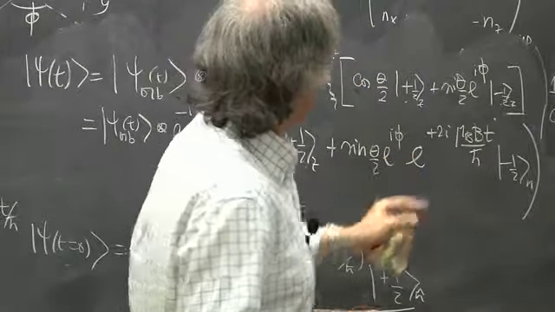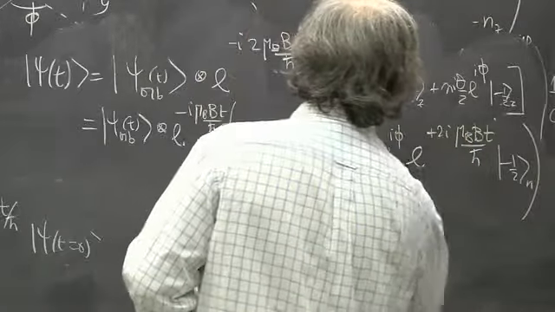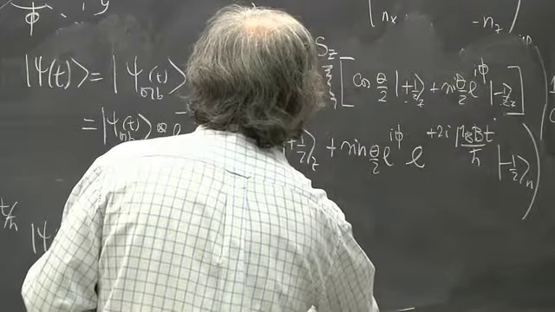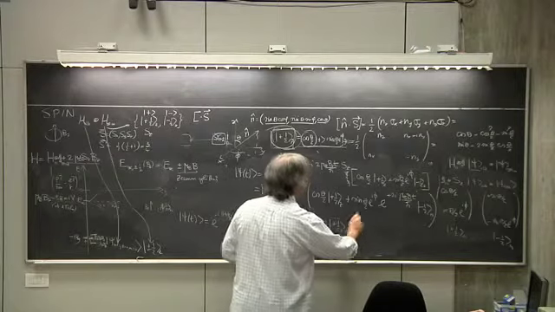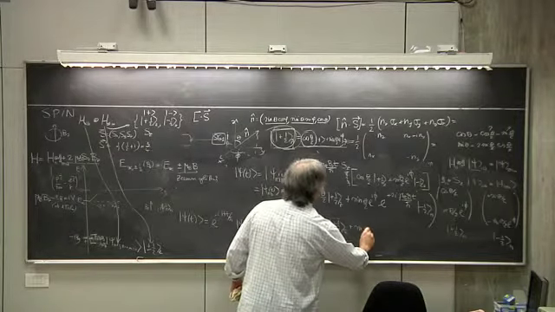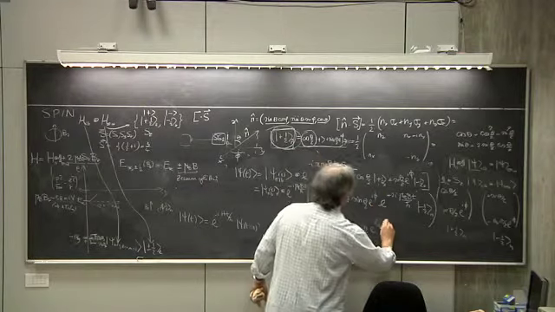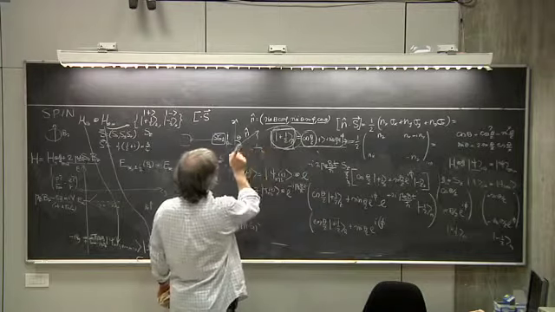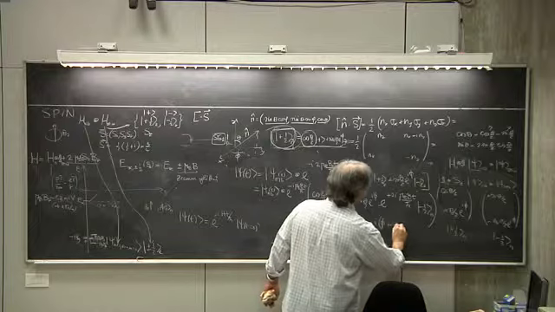You see, I could write really this object. Let's write it again. So this state is really cos theta over 2 plus 1/2 n, plus sine theta over 2 e to the i, the phase, the original one, which was due to the direction I chose, plus 2.